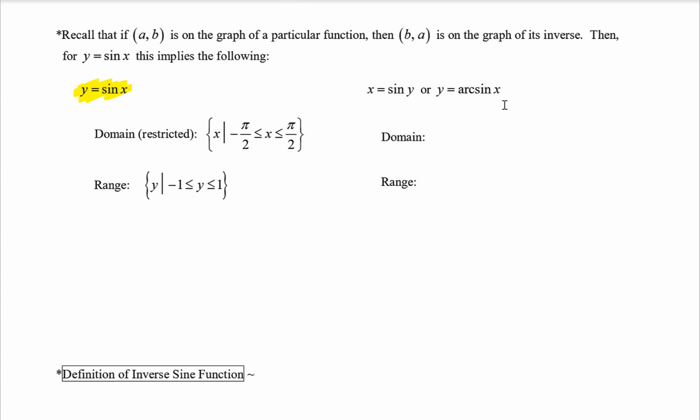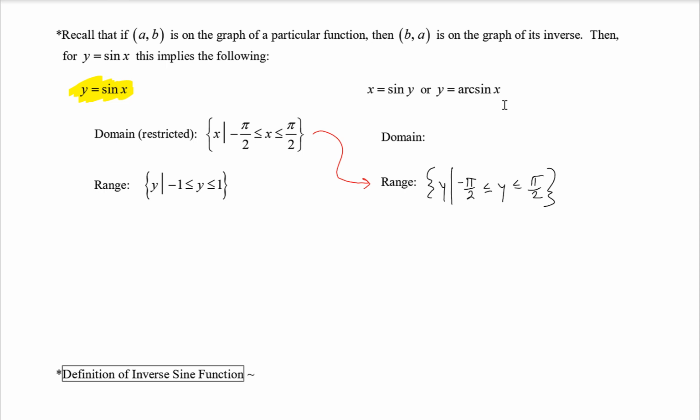This is the traditional sine function right here that we've been studying for a while now. We restricted its domain to be negative pi over 2 to pi over 2. Well, now we're going to flip x and y. So this domain is now going to become the range for its inverse. So it's going to be all y's such that y is negative pi over 2 to pi over 2.